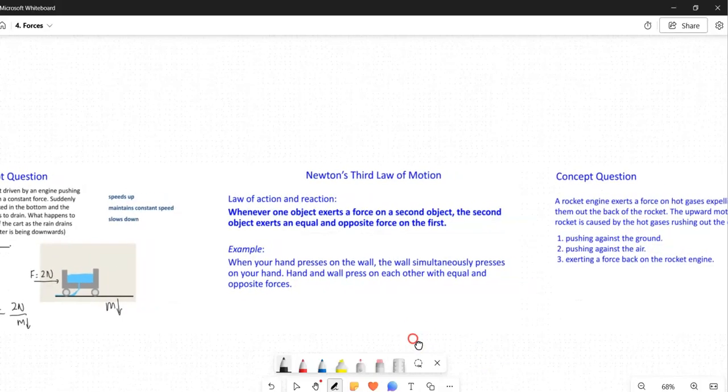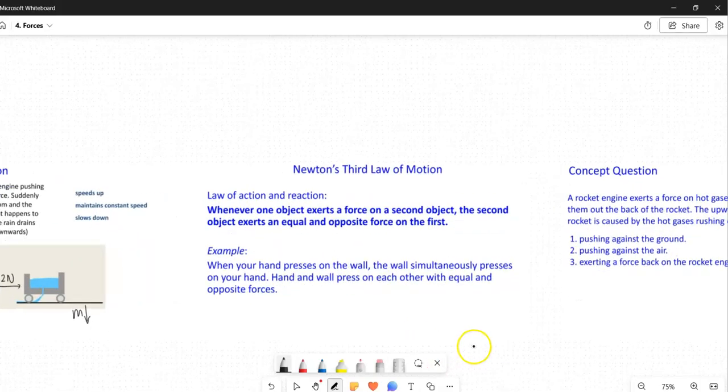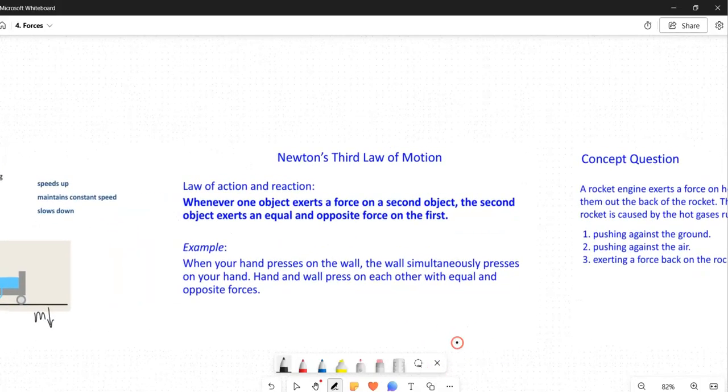Newton's third law is really weird. Sometimes my brain has a hard time wrapping around it. But essentially, anytime you touch something, whether you're moving, whether they're moving, whether they're both moving together, if you push on any object to the right with a force, that same object, regardless of its mass, is going to push against you in the opposite direction.